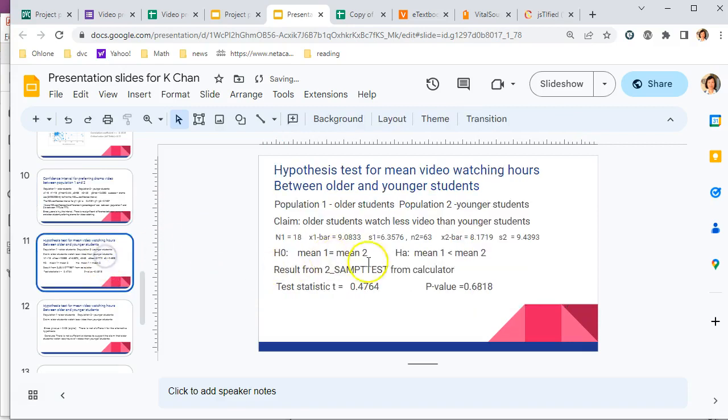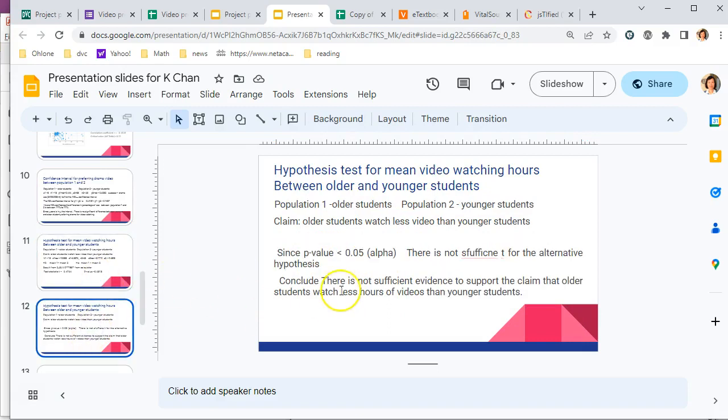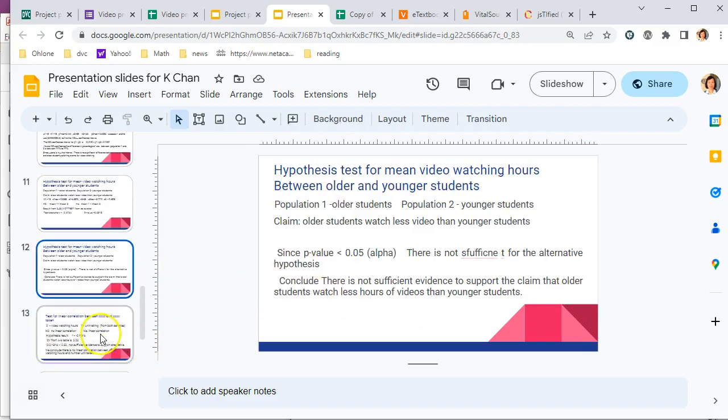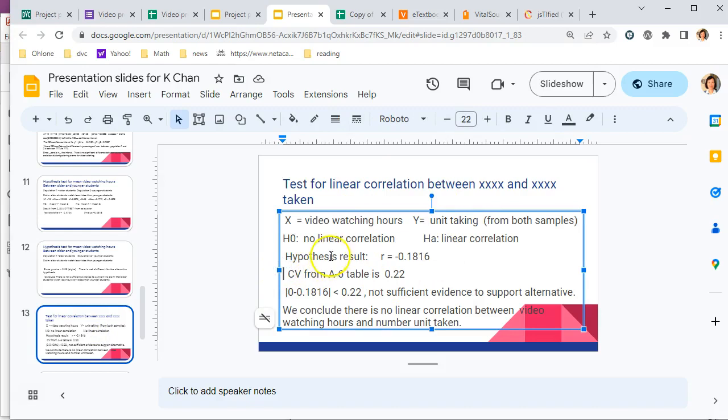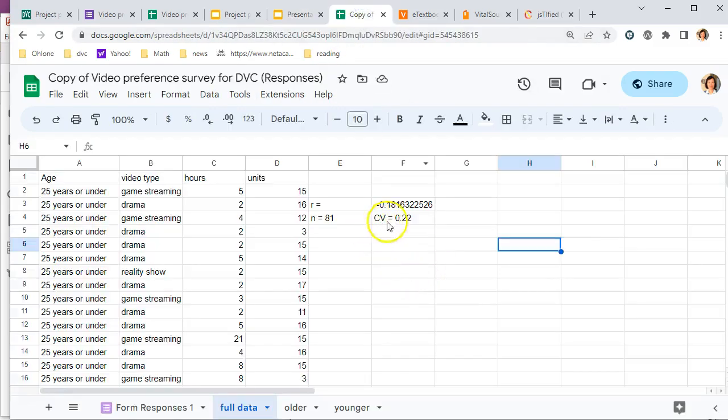And then for the hypothesis test, we use the 2-sample t-test to find the test statistic and p-value. Make the conclusion, and then we test correlation using our A6 table, using the R that you computed from Google Sheets.